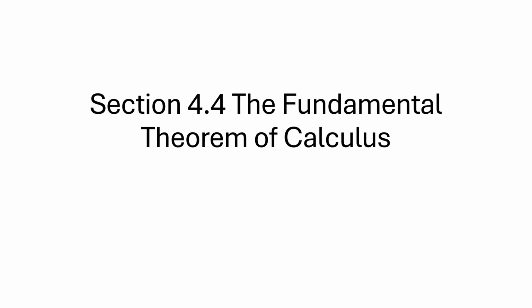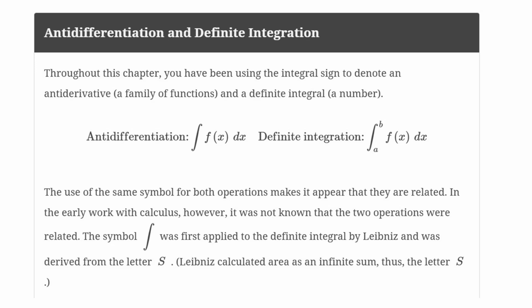These two concepts, although they may seem similar, are very different, because antidifferentiation is just a family of functions which are considered the original function for small f of x, whereas the definite integral is just a number, because we are trying to evaluate the limit of a sum at infinity. So we are trying to find a number.